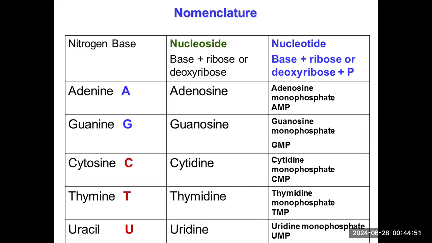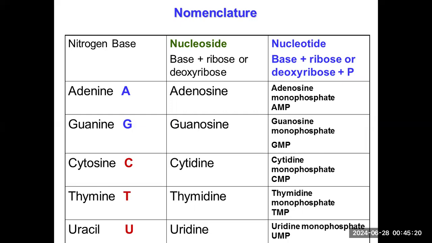Both are nucleosides. But if you look at the names of the pyrimidine bases, they also end with -sine. So in order to differentiate the pyrimidine nucleoside from the simple base, the suffix -dine is added after the name of the pyrimidine.